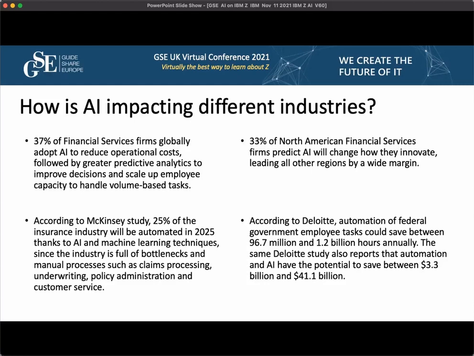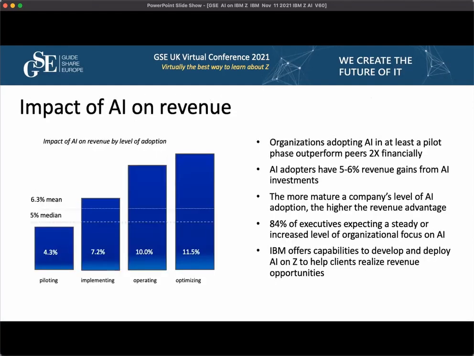As you can see on this chart, AI already has an impact across a variety of different industries, from finance to insurance to governments. And studies conducted by both McKinsey and Deloitte speak to the importance of AI in the industries as well as in governments. I also wanted to tell you a little bit about the impact of AI on revenue.